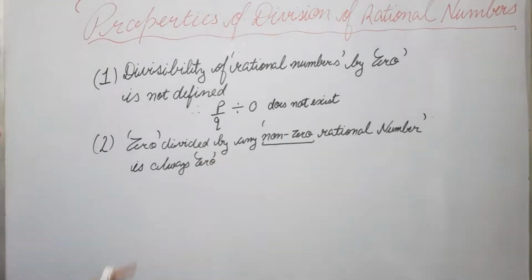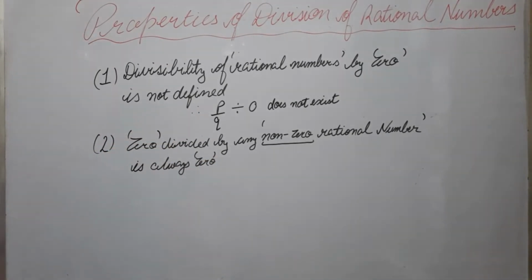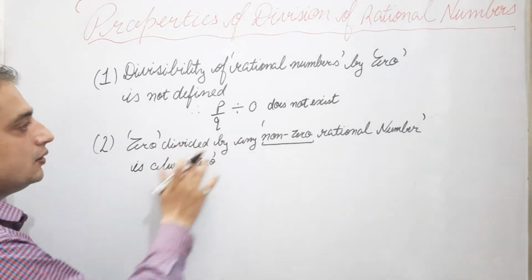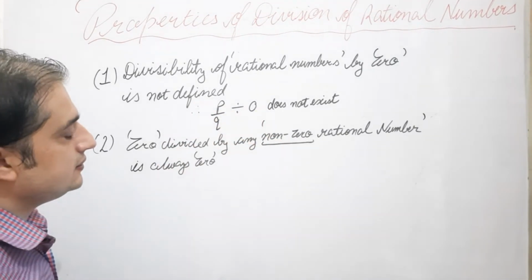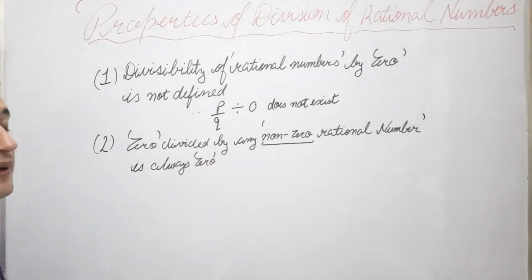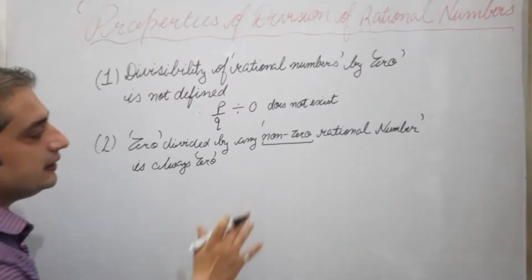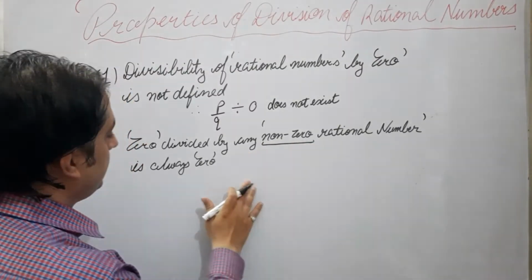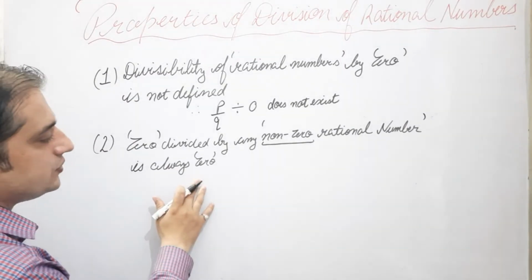So you can't divide any rational number with 0, or any number with 0, because that quotient is not defined. And 0 divided by any non-zero rational number is always 0.